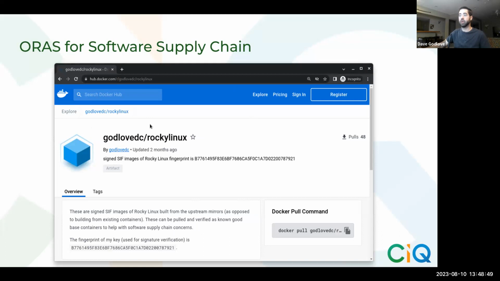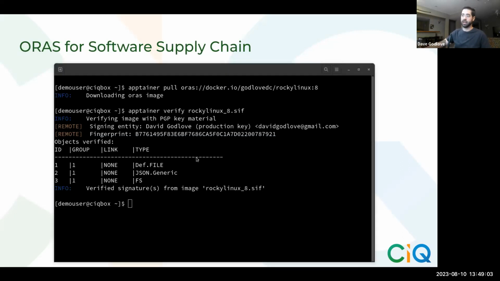Or what if Docker Hub itself becomes exploited, and malicious actors begin to put containers up that have malicious code in them, or any one of a number of other things. What if there's a man in the middle when you download this container and you don't get the container that you think? Well, all of those things would result in this container no longer being verified with this fingerprint.